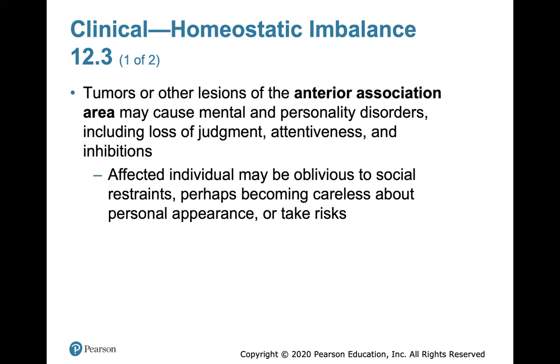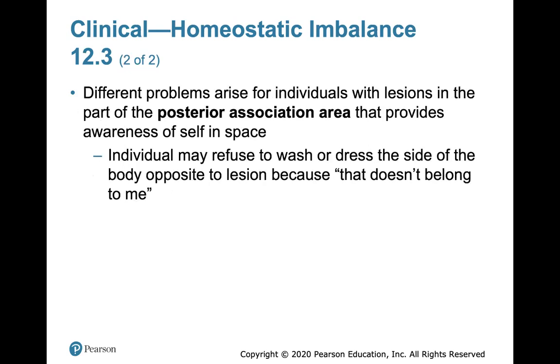Tumors or other lesions of the anterior association area may cause mental or personality disorders, including the loss of judgment, attentiveness, or inhibition. The affected individual may be oblivious to social restraint, perhaps becoming careless about personal appearance, or taking unneeded risks.